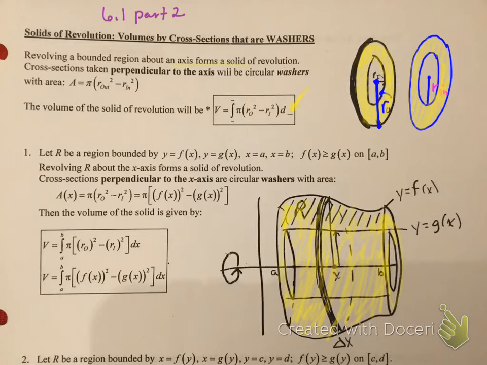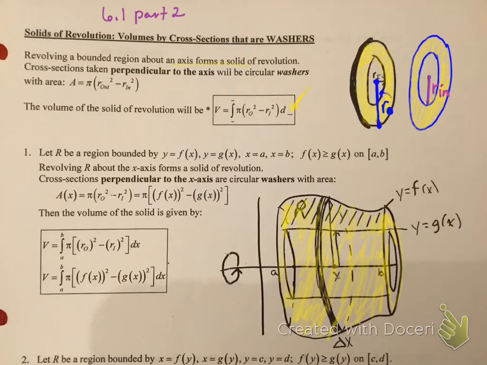That's going to be the radius of the outer washer, so R_O. On the next one, just right beside it, I am doing a washer from the radius to the inside. This is going to be the radius of the inside of the washer. Okay, so outside is the outer edge, and inside is the inside edge. This is going to be very important when we figure out what is the radius, because we're going to have to square that.